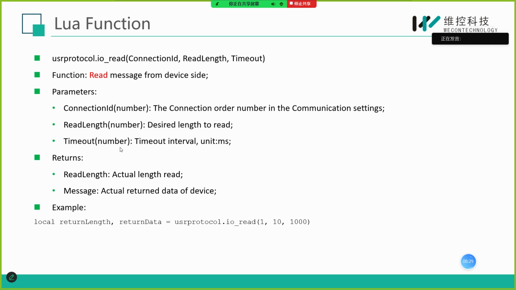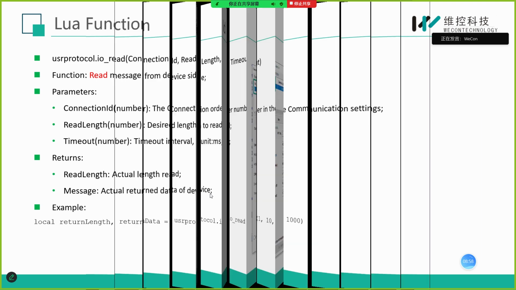So the timeout needs to exceed at least 1,000 milliseconds. You will have two returns: one is the actual length we read from the device, and the second is the actual message returned from the device.